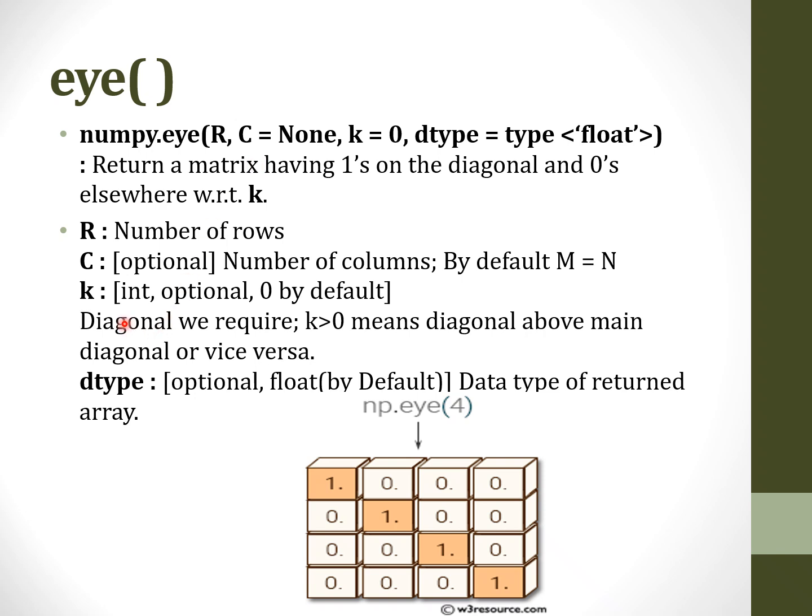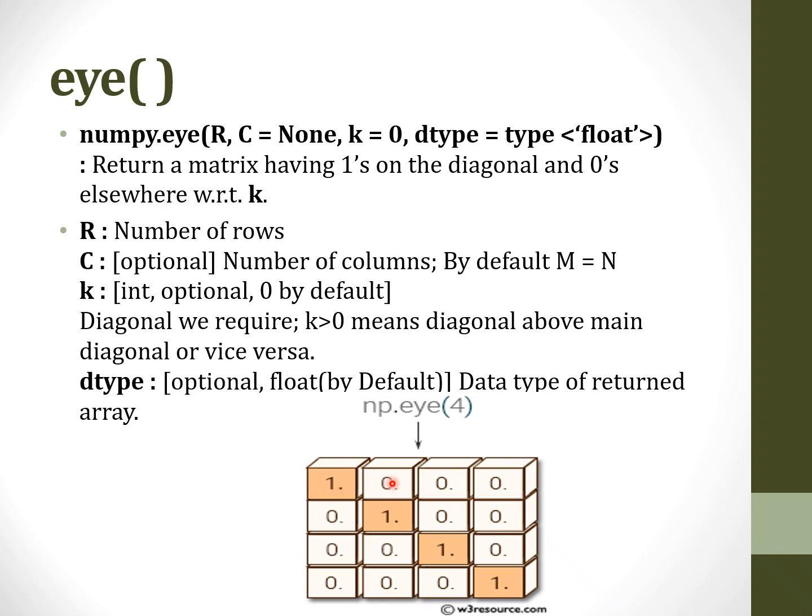So you can define whether it is an integer or float, anything in this place. And if we want to shift these ones to this place. Now actually the ones are present in the leading diagonal.